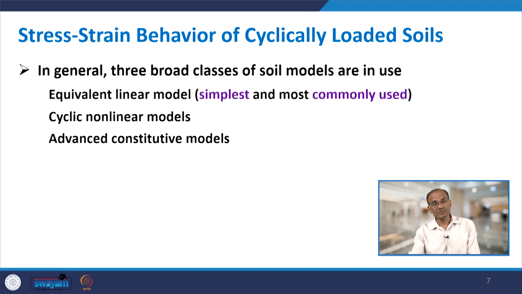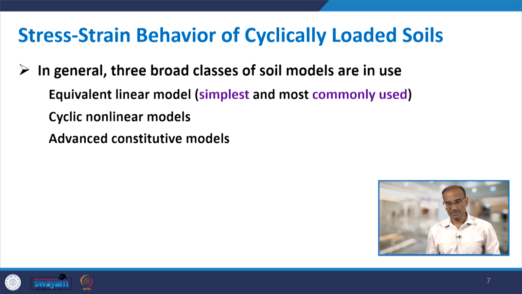So in general, for the stress-strain behavior of cyclically loaded soils, there are 3 classes of soil models which are prevalently used. First is the equivalent linear model, which is simplest and most commonly used. The second is cyclic nonlinear models, and the third is advanced constitutive models. These 3 models are there and we will discuss them one by one.